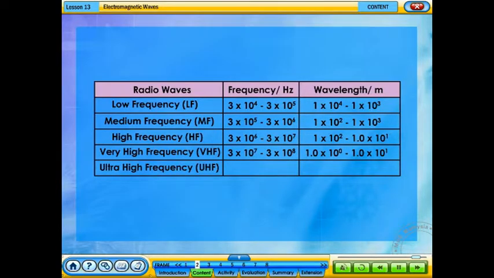The ultra-high frequency, UHF frequencies range from 3 times 10^8 to 3 times 10^9 Hertz. The corresponding wavelengths for these frequencies are between 1 times 10^1 to 1 times 10^-3 meter.